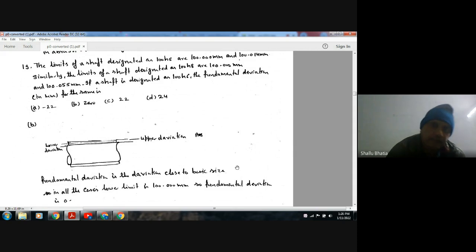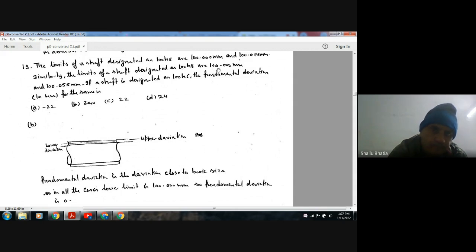As we can see, the minimum size of the shaft is just 100.00, and this is the basic size. And the minimum size of the second shaft is also just 100.